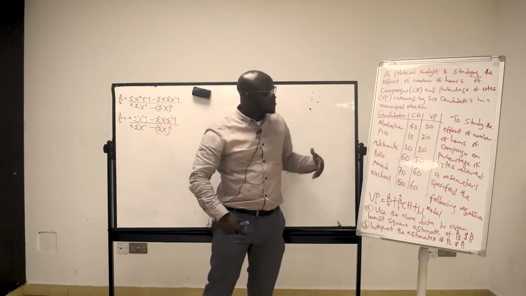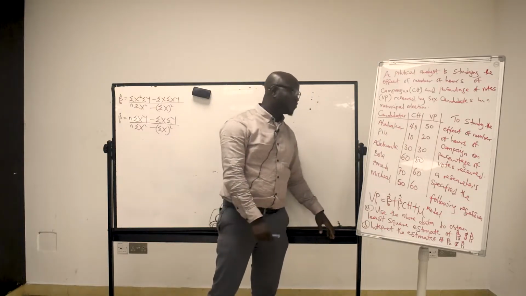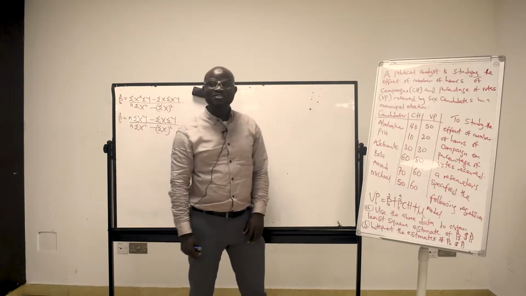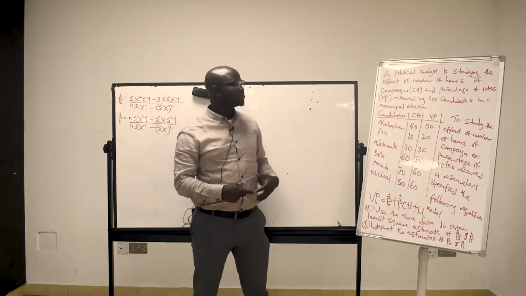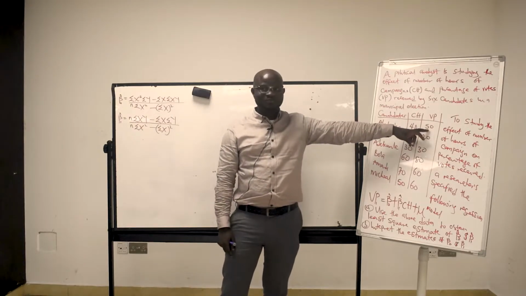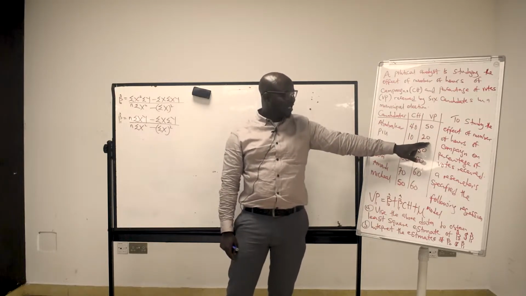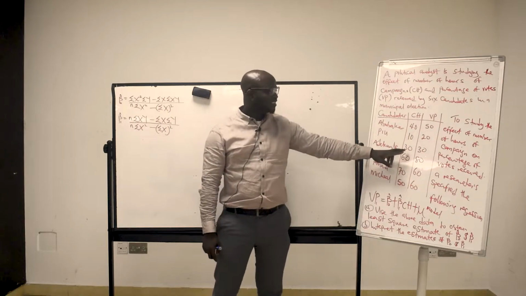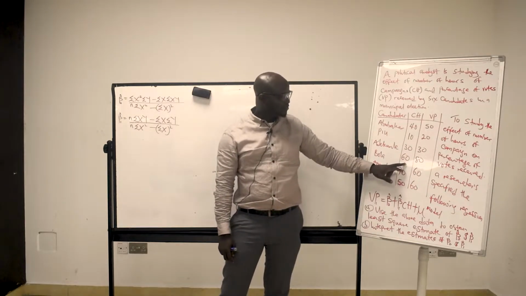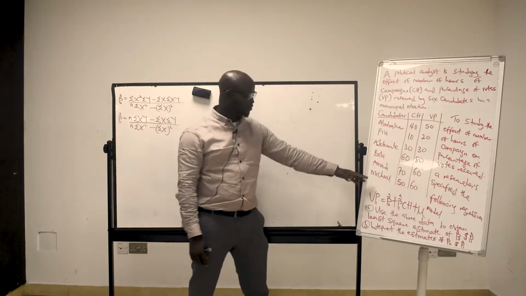So the hours of campaign for Abubakar, according to this question, is 40, while the percentage of votes received when Abubakar spent 40 hours in campaigning was 50 votes. Then Pius, we have 10 hours and he was able to receive 20 votes, 30, 60 hours, 80 votes, 70, like that, up to Michael.